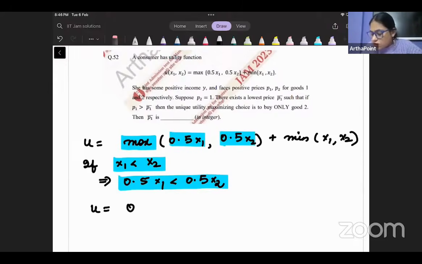It will be 0.5 x2. And इन दोनों के बीच में what is the minimum? x1 is less than x2 ना, so minimum value will be x1.